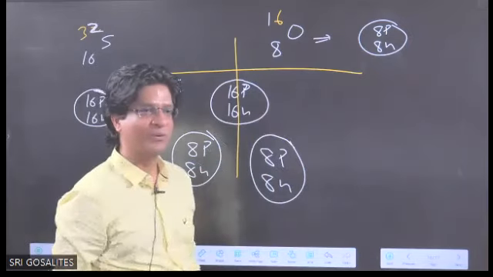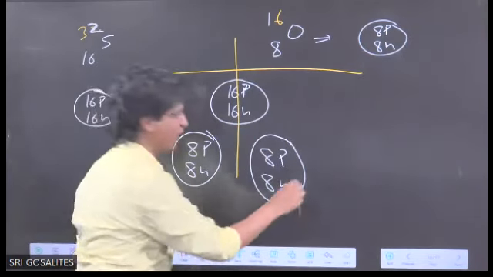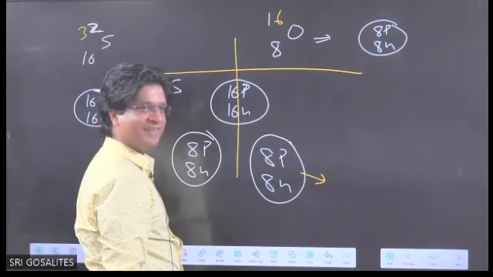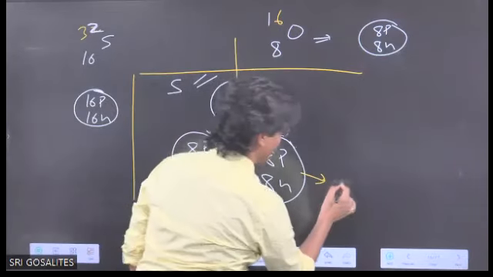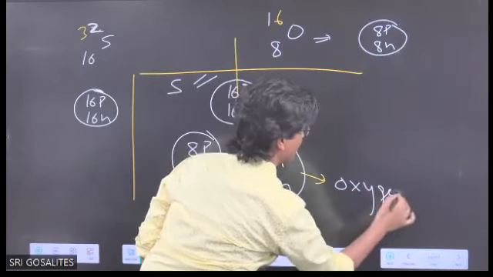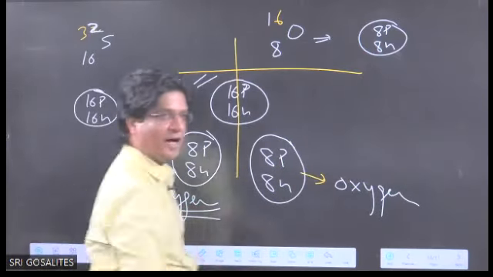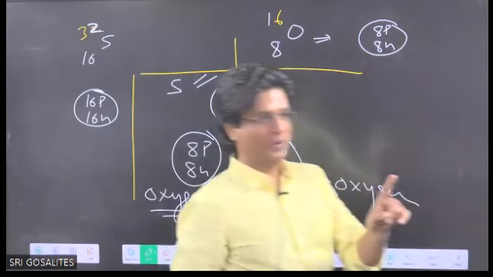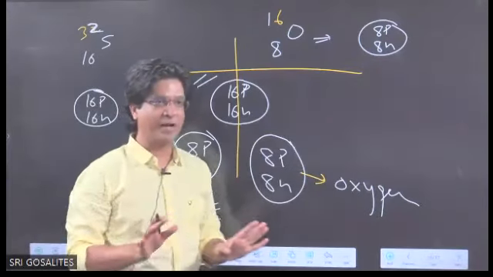And if it is 8 protons, 8 neutrons, what is this? If this is tomato, this is potato. This is oxygen. So you got oxygen. If you cut a tomato, you're getting a potato. But in real life, in your macro world, you don't get it.